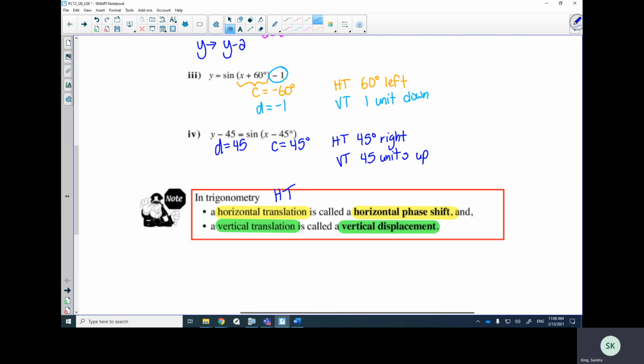If it's a trig function though, so a sine graph or a cosine graph, those are the only two that we're going to be transforming, we're no longer going to call it a horizontal translation, we're going to call it a horizontal phase shift. If your graph moves up or down, normally we call that a vertical translation. But in trig, we have to use the words vertical displacement.